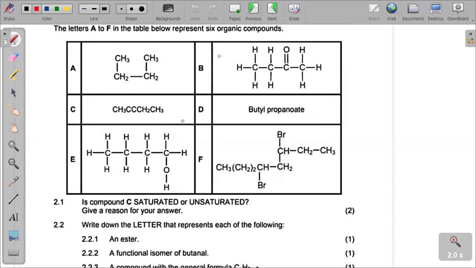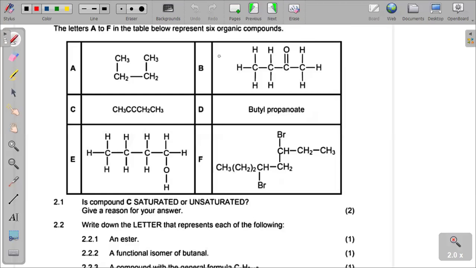So from what we are witnessing, this is an unsaturated organic compound. It is a hydrocarbon, as a matter of fact, and just out of interest, that's an alkyne. So that's unsaturated. Give a reason, right? Our reason lies in our understanding of what a saturated and unsaturated organic compound is.